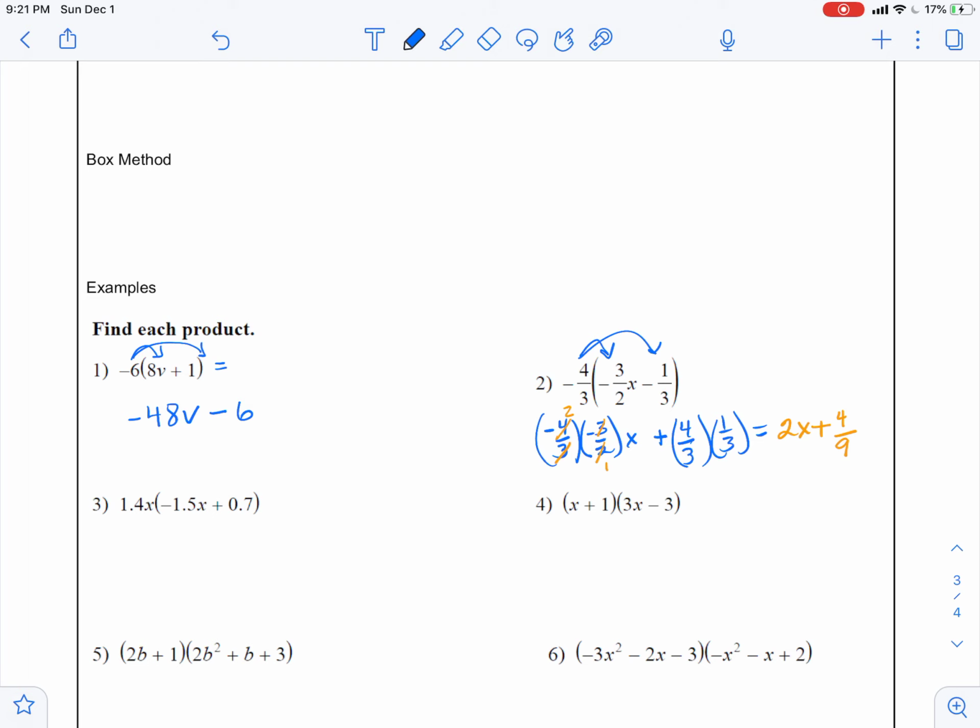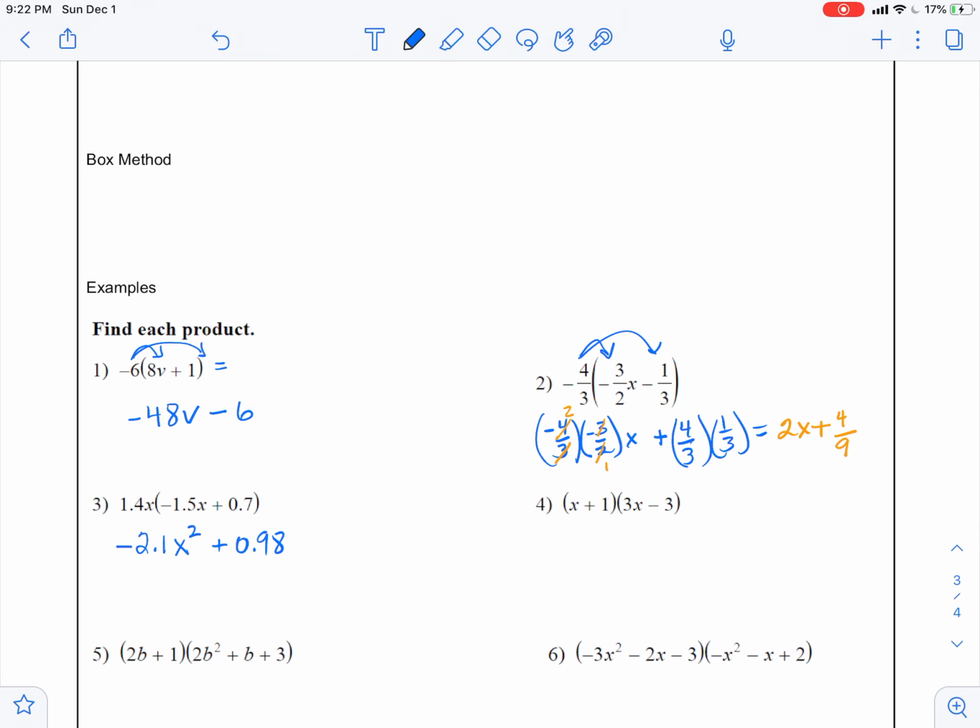And so we would take 1.4 times 1.5, and that is going to give me 2.1 x squared, and that would be negative. And then we've got 1.4 times 0.7, and that is 0.98, and so that would be plus 0.98. So again, you're going to use exactly the same rules.